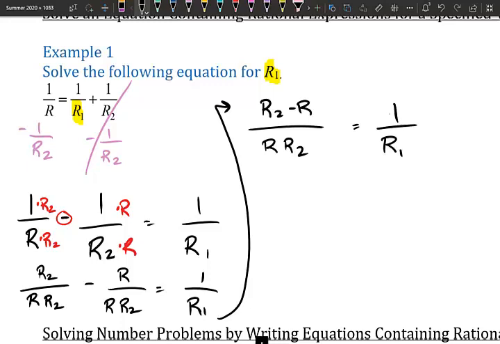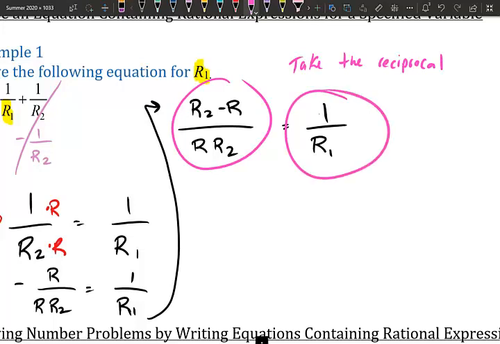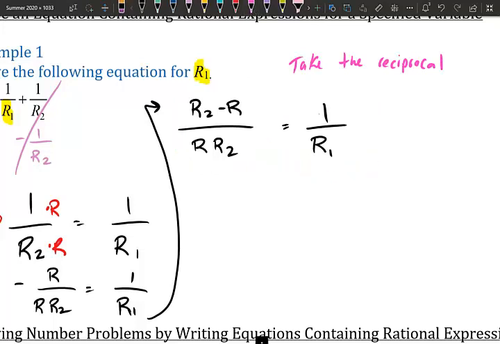So now that we subtracted them and it's one fraction equals one fraction, we are allowed to flip it, or as we say, take the reciprocal. Why are we allowed to do that now? Because one thing equals one thing. And in order to get r1, all we have to do is flip it. If we flip the right side, we also have to flip the left side.